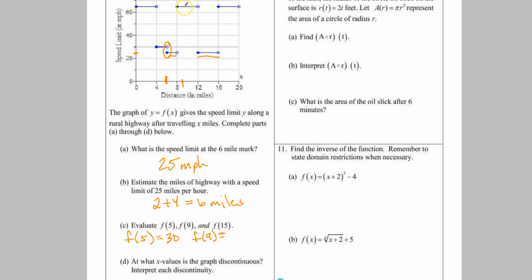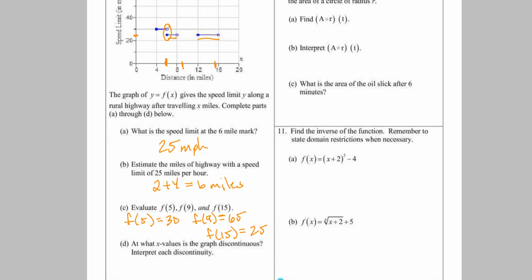I'm going to go all the way up to 65. And f of 15, I don't know why I said 30, should be f of 15. And 15 is about right here, and that's going to be back to 25.